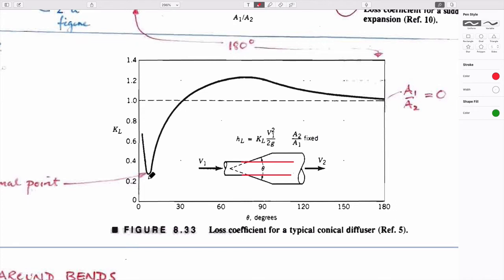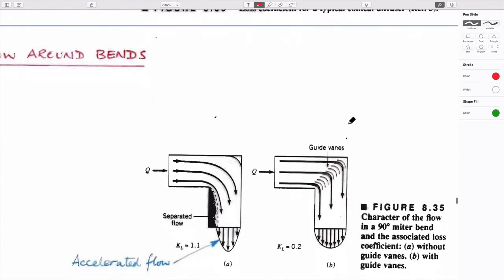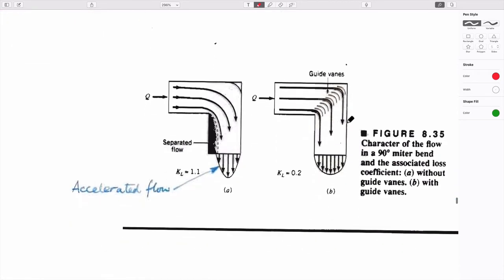But as you have a small angle in here, you have a small loss coefficient. As you have a large angle in here, I guess 180 degrees is this point here, where it becomes 1, as in going into a big tank. And so those are entry and exit conditions.